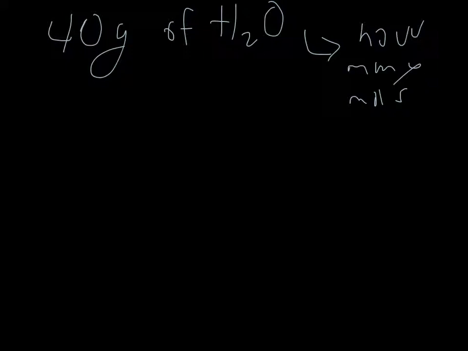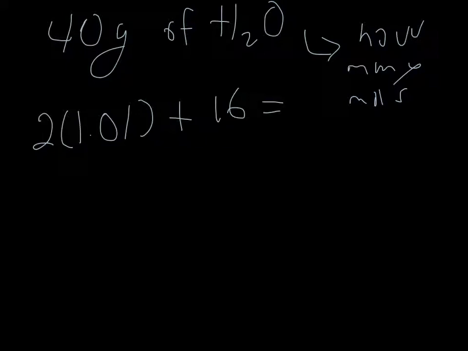It has 2 hydrogens, and the molar mass of hydrogen is 1.01. Then we add the molar mass of oxygen, an easy one to remember because it's 2 times its atomic number. So you get 2.02 plus 16 equals 18.02 grams per mole.